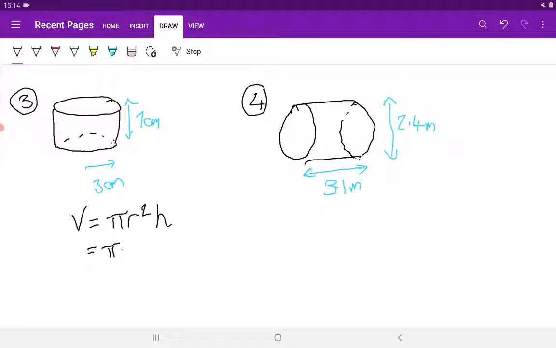So pi times the radius here is 3, so pi times 3 squared, which means 3 times itself, and then times 7. You can type that into your calculator like that, or as pi times 3 times 3 times 7. If you can't find the squared button on your calculator, just write it as 3 times 3.